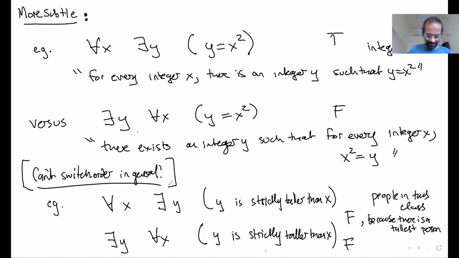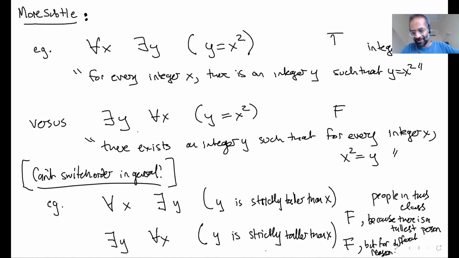So any questions about this? Why is the second one false again? Well, the second one is false because let's say I took y to be the tallest person.